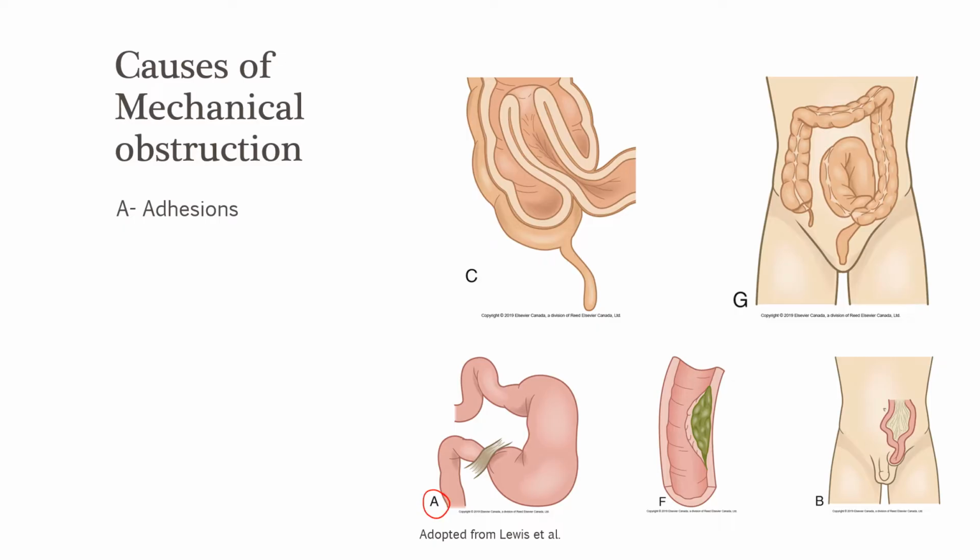And so when you ask yourself what an adhesion really is, it's a band of scar tissue that is kind of attaching or banding two loops of bowel together. So a band of scar tissue holding together two loops of bowel.